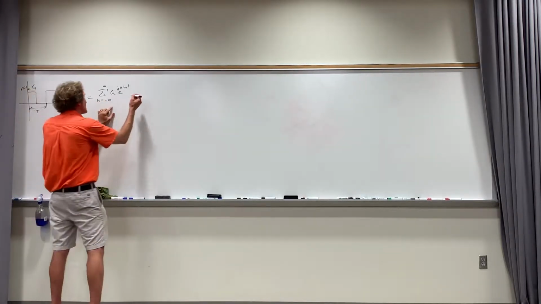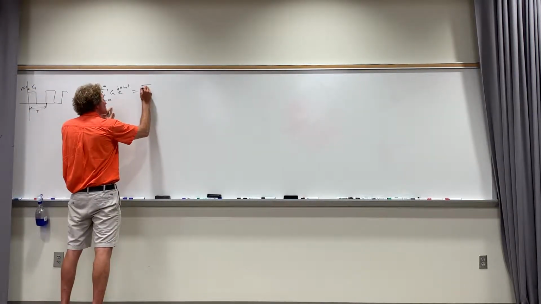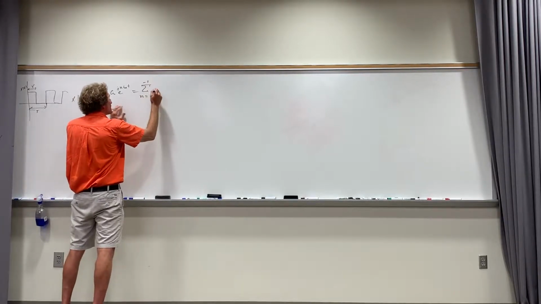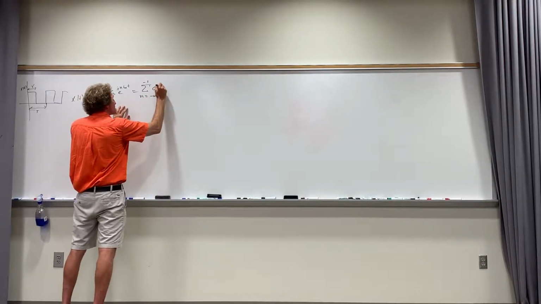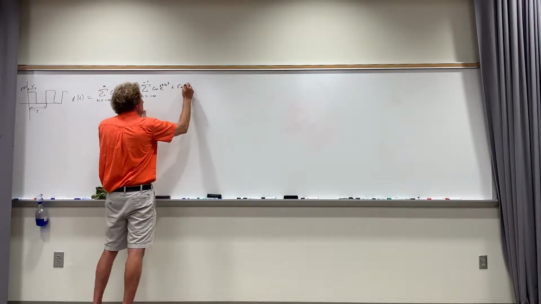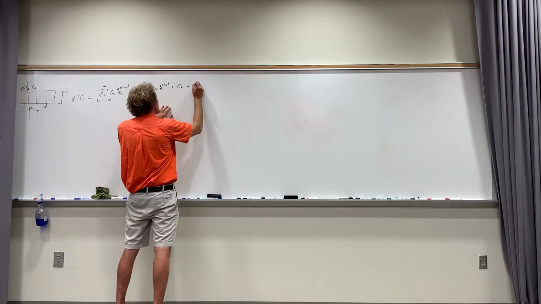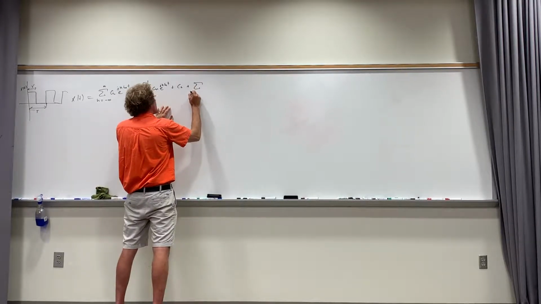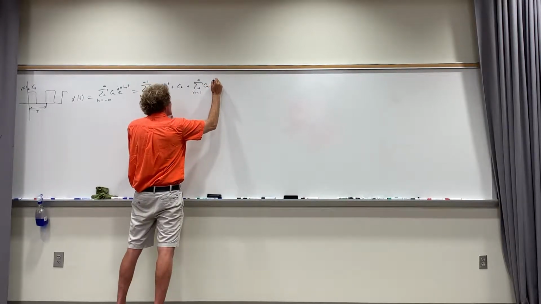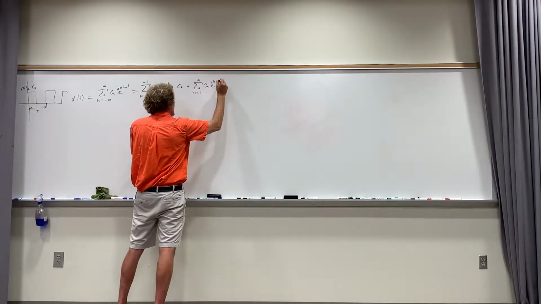I'm going to expand this, and I'm going to say this is equal to the summation from n equals minus infinity to minus 1 of c of n e to the j n omega naught t, plus C0, plus the summation of n goes from 1 to infinity of c of n e to the j n omega naught t.